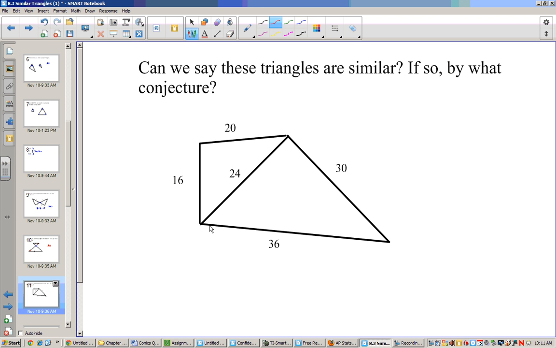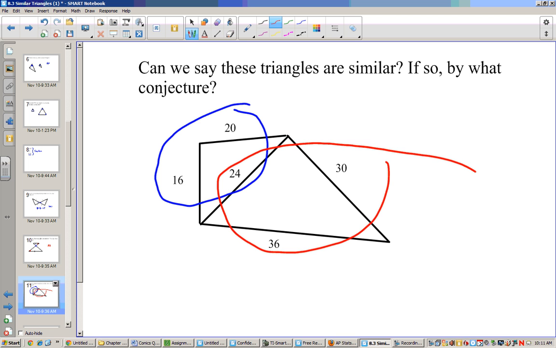Now in this one, we don't know any angles. We have a small triangle and we have a bigger triangle. The tough part in this is matching up the correct values. Let's take the biggest side in the big triangle, 36, and it's going to match up with the biggest side in the small triangle, which would be 24.